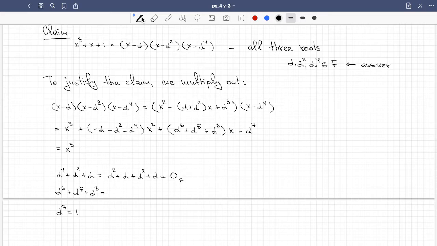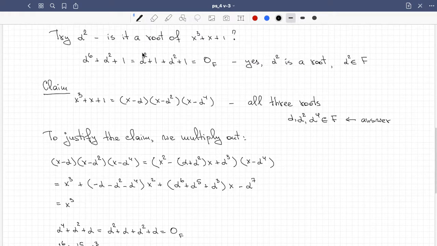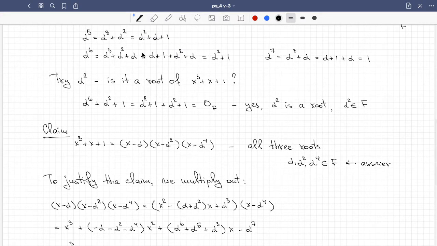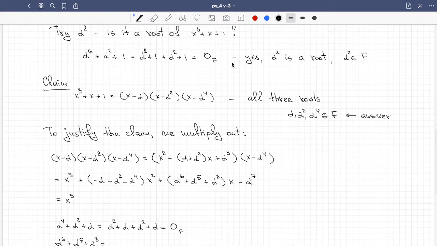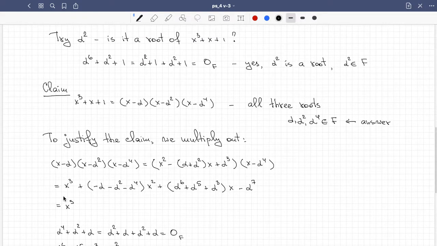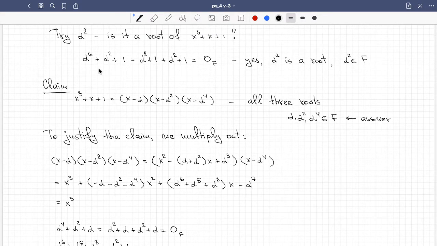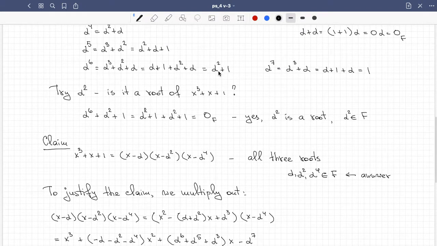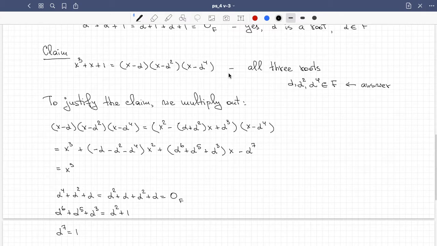It is better to write that alpha to the 6 is alpha squared plus 1. We found it. Again, alpha to the 6 is alpha squared plus 1. Correct.